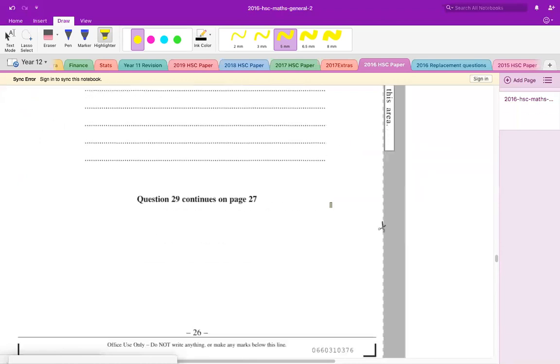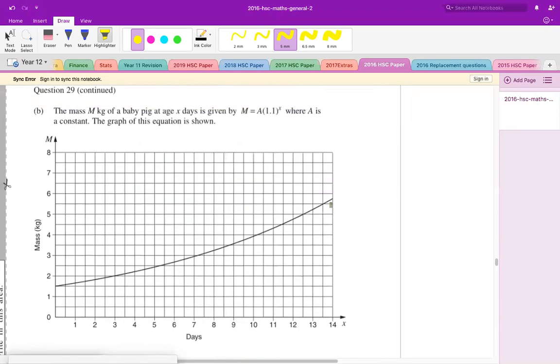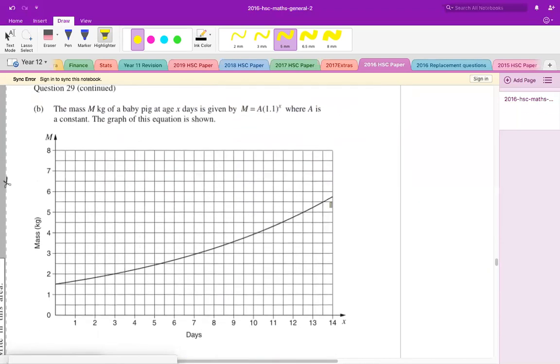Okay. Next page. So this is an exponential. In exponentials, maybe I can just write, yeah, we can summarize it.